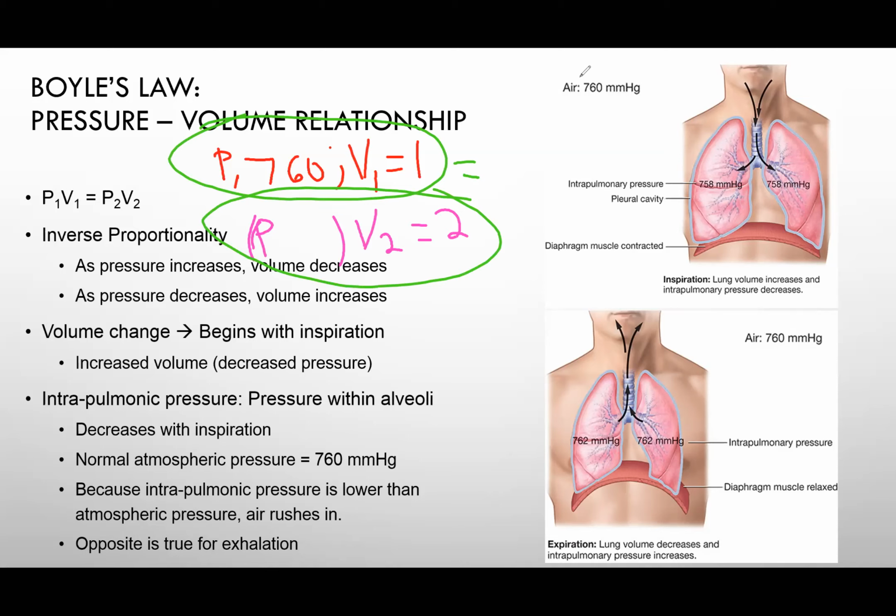So let's go back. 760 times volume 1 of 1 is equal to 760. Piece of cake, right?